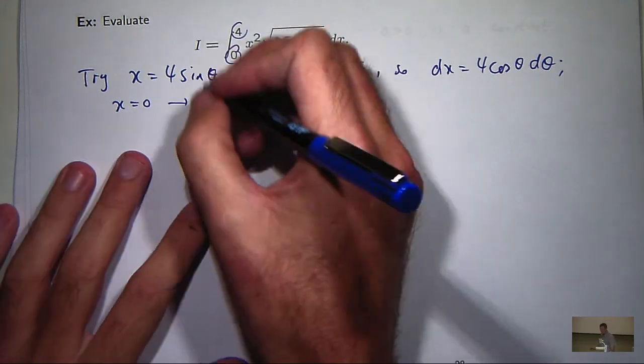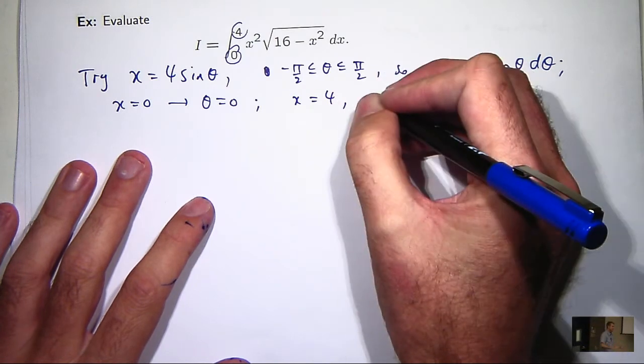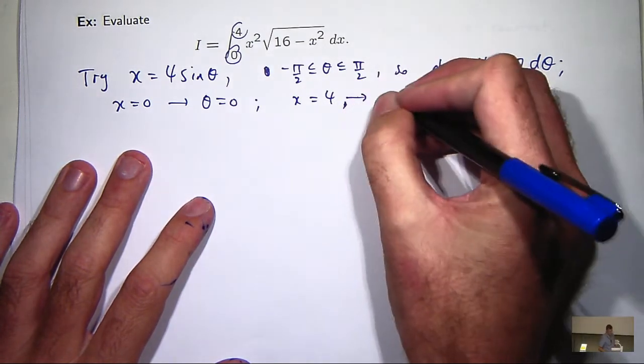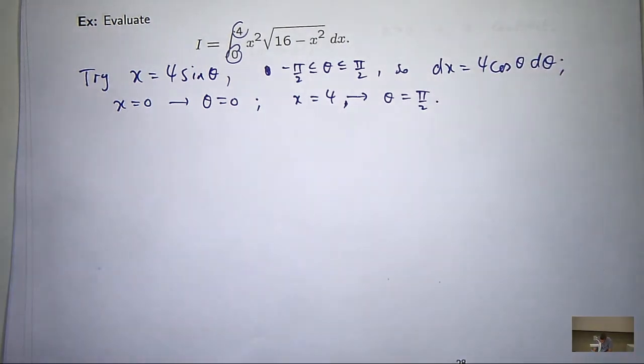Zero, right. And for x equals 4, theta is going to be pi on 2. Good. So we've got all the elements now to make our substitution.